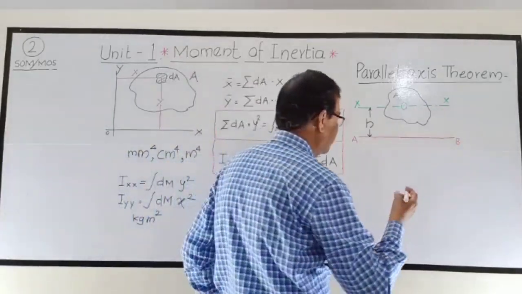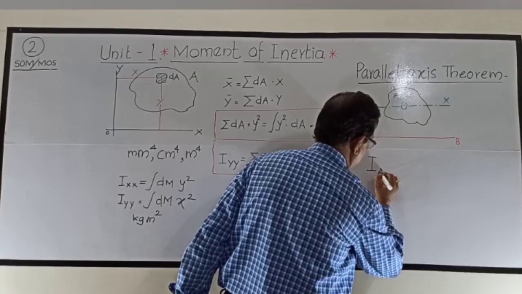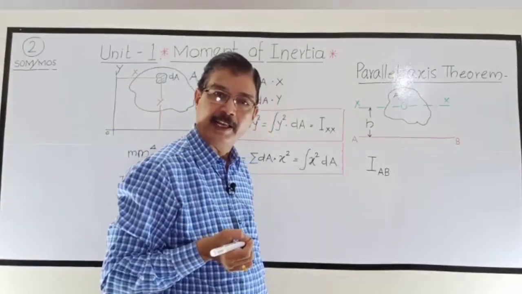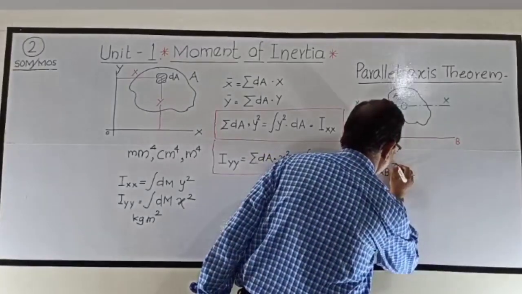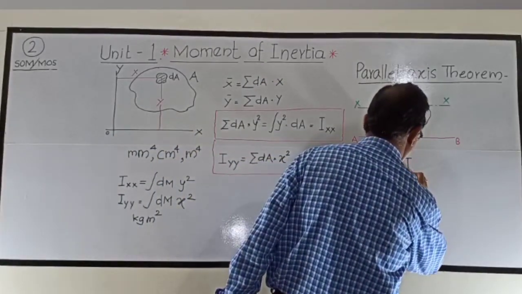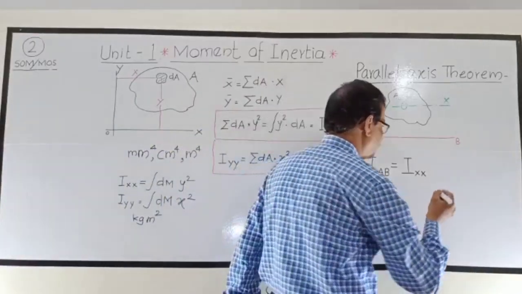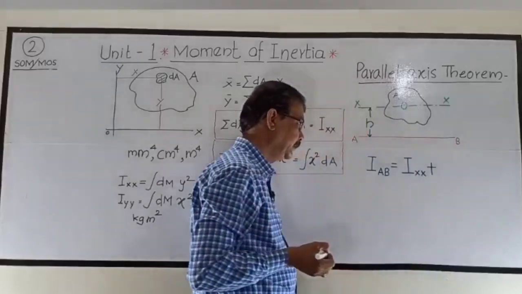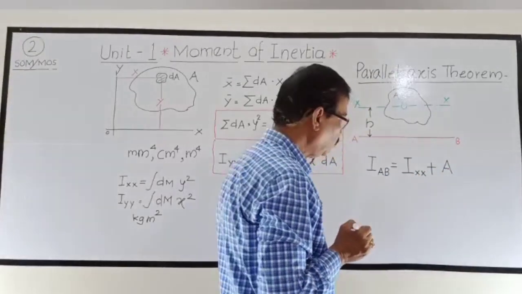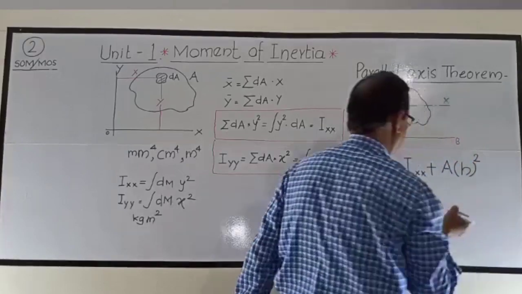The moment of inertia of an area about the axis which is lying in the same plane of the area and parallel to its centroidal axis is the summation of the moment of inertia of that area about the centroidal axis and the product of the area of that particular lamina and the square of the distance between the two axes.